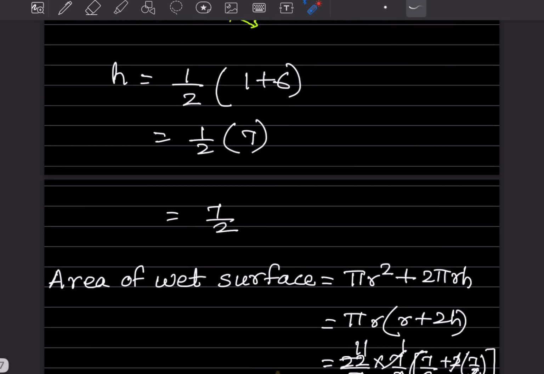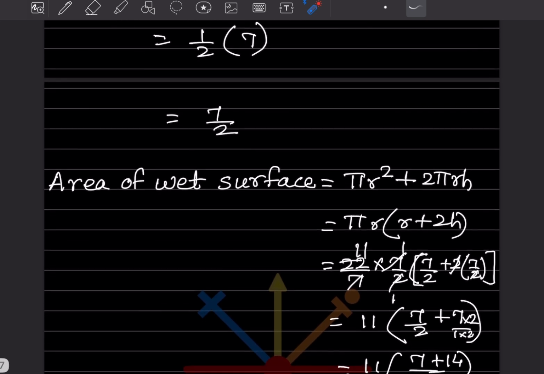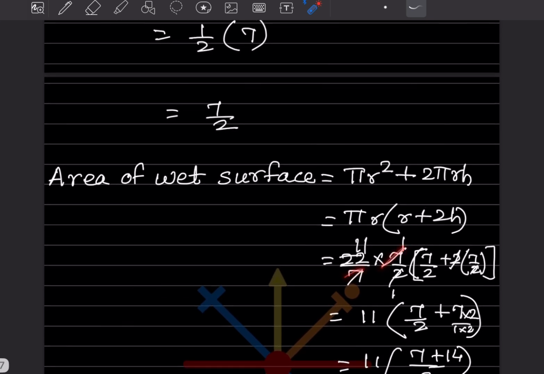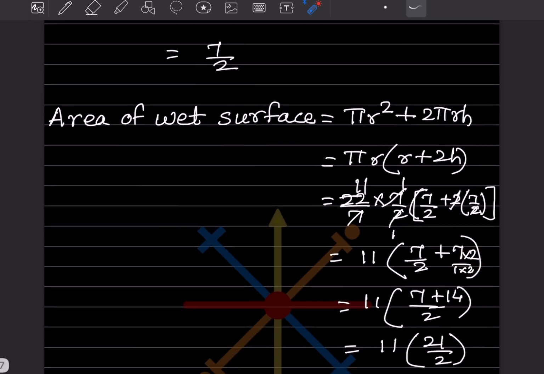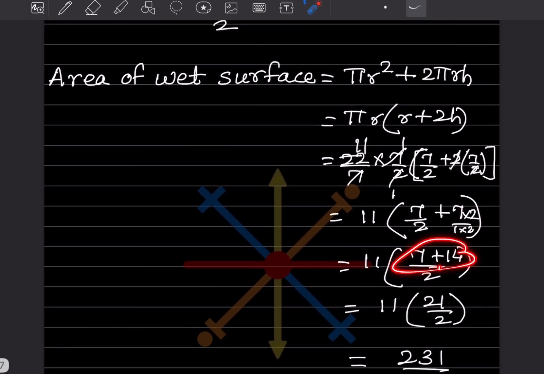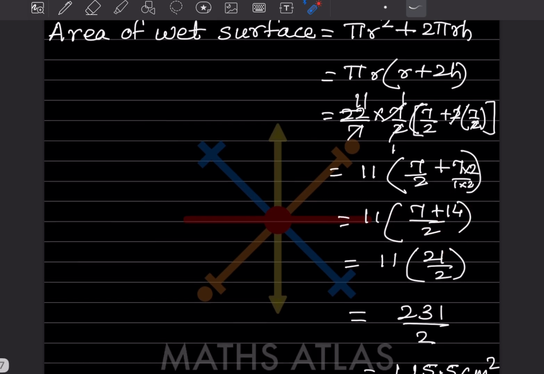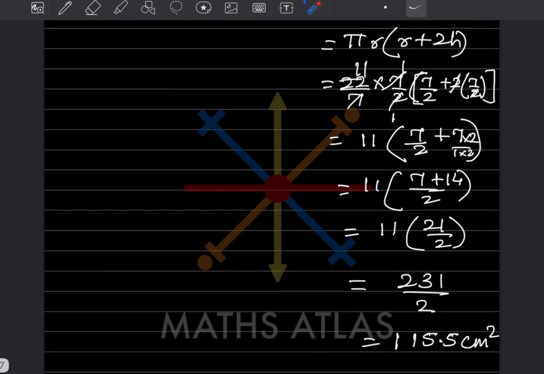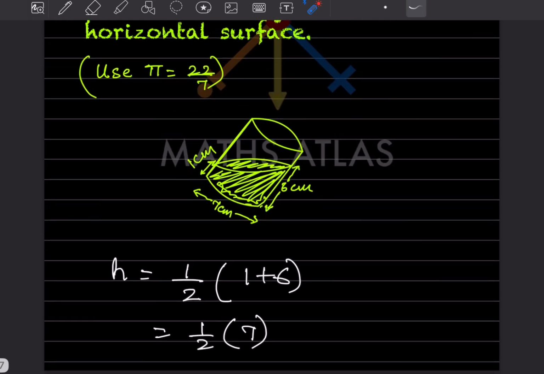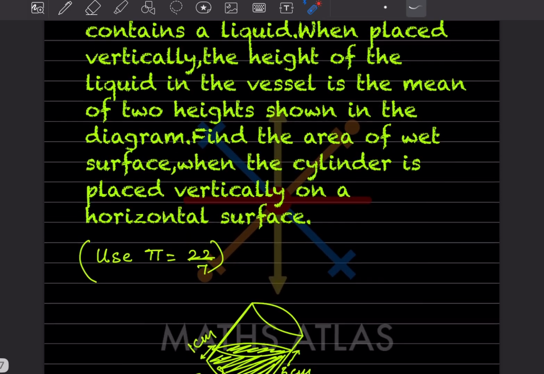So this and this get cancelled, 2 elevens are 22. So 7 by 2 plus 7, because the LCM here is 2, that will be 14 by 2, which will be 21 by 2. So that will be 231 by 2, which will be 115.5 centimeter square.